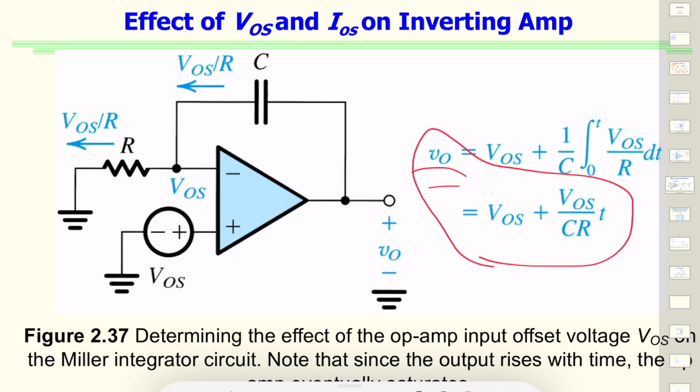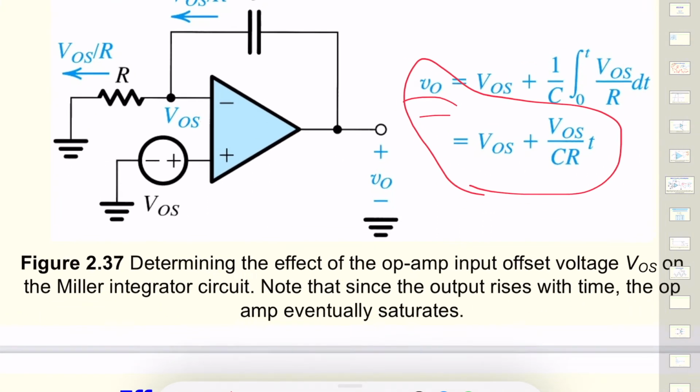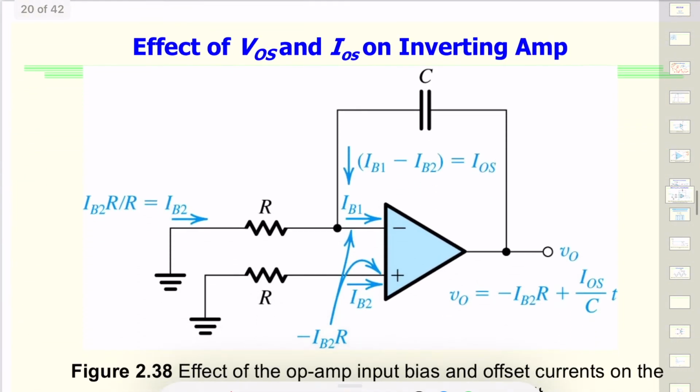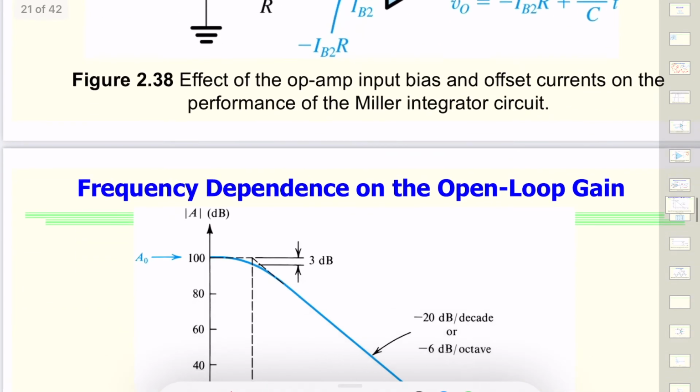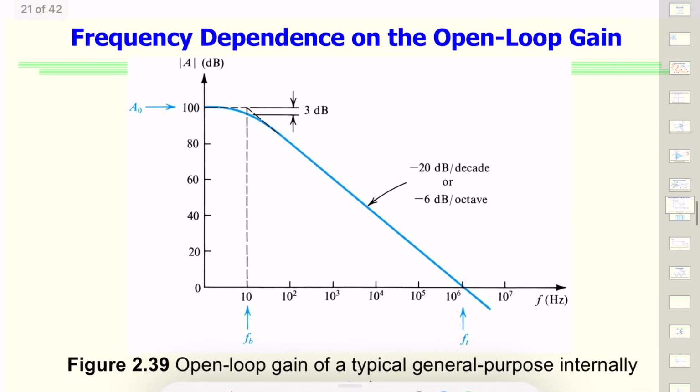So to keep the DC offset at the output small, we would use a low value of RF in that case. But the lower the RF, the less ideal the integrator becomes. So these are the competing issues when you are designing with an op amp, and that's where we have to carefully design our circuit and its components.